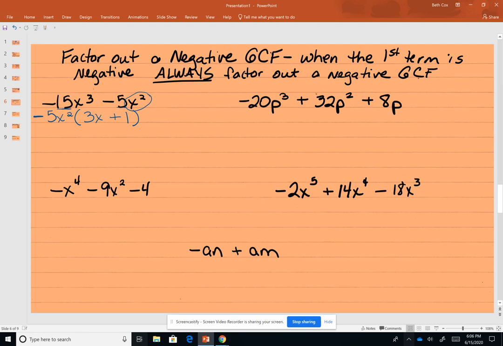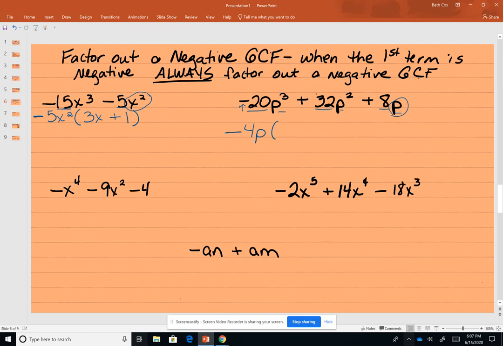I'm going to skip a line. I've got some more space here. Okay, so now the first term is negative, so I'm going to factor out a negative. From my multiplication facts, I know that 4 is going to be the GCF. I have p's in all of them, and so the lowest power of p is p to the first, or just p.